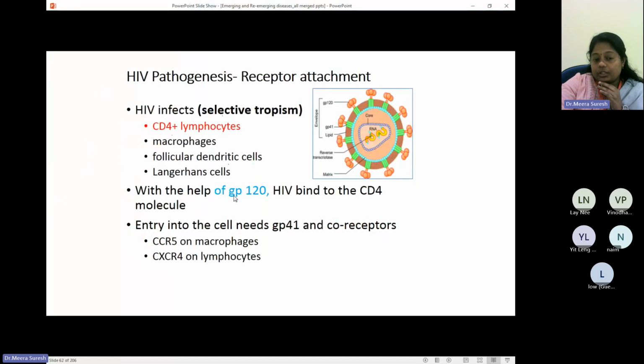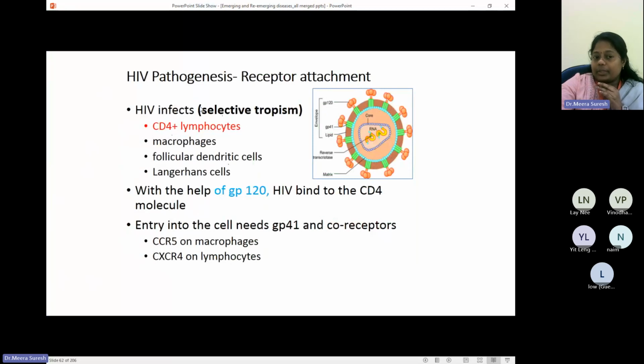With the help of glycoprotein GP120, HIV binds to the CD4 molecules. And after binding, it enters into the cell using GP41. And these things you don't have to remember.